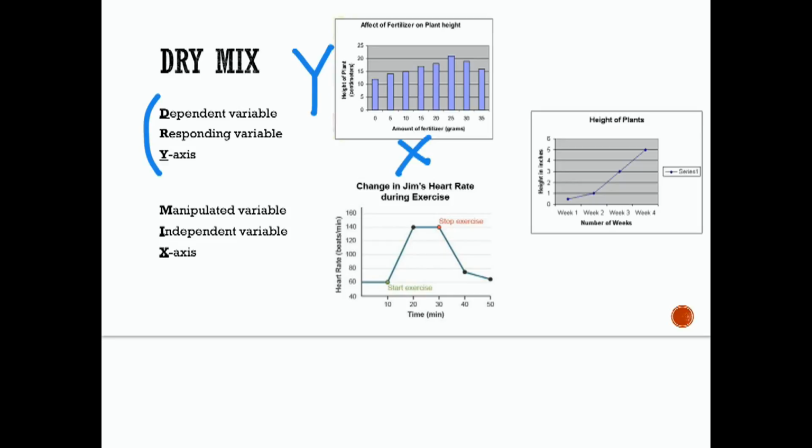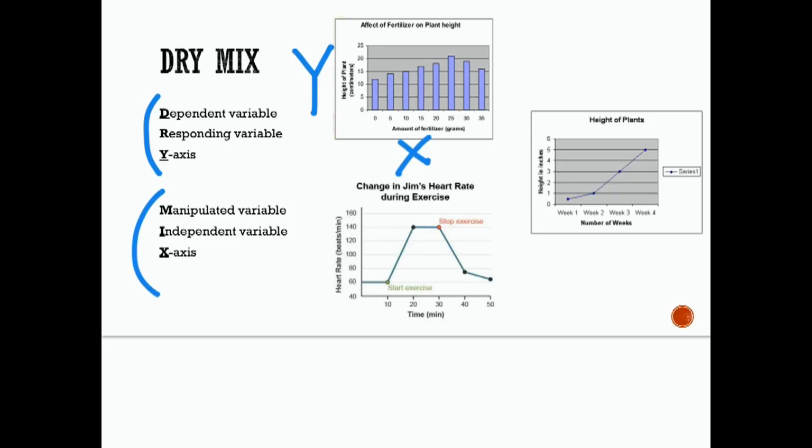So in dry mix, it helps you remember which variable goes on which axis. Your dependent variable, how it responds, is always going to go on your y-axis. Your independent variable is going to be the mix part, MIX.